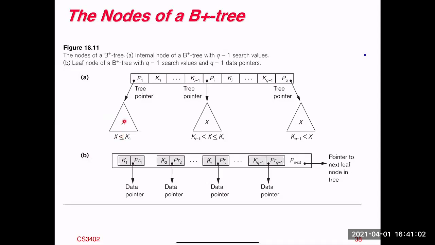So all the search key values X in this subtree need to be less or equals than K1, and so on. Same is true for each one of these subtrees. Down here in B, we can see the structure of a leaf node, right? So we have all these data pointers, and each one of them is together with an associated search key value. And at the end, we have this pointer P next, which just points to the next leaf node in the sequence.